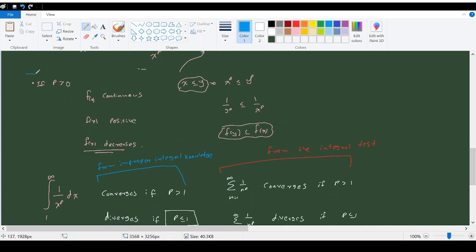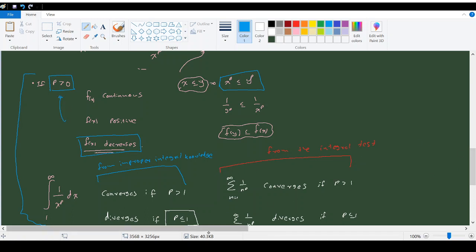Now all these things were mentioned for the case where p is greater than 0, because only then can we write down this inequality, right? So basically this will be true when we have this condition, right?